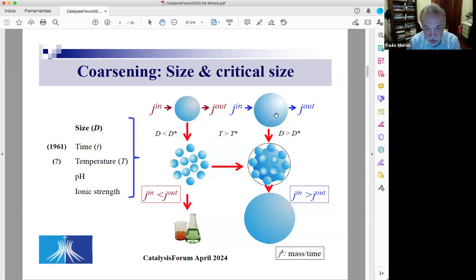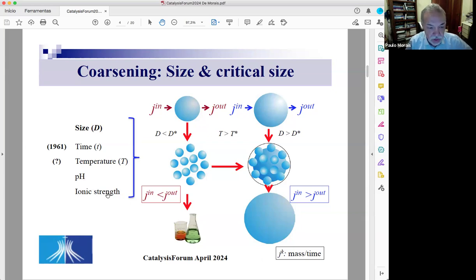Of course, all this process, below or above the critical diameter, takes place at a particular temperature, above a critical temperature. So what we see in practice, in nature, is that the size of the nanomaterial depends on time, but also on temperature. And of course, it depends on pH in case you have a water-based solution in contact with the nanomaterial.